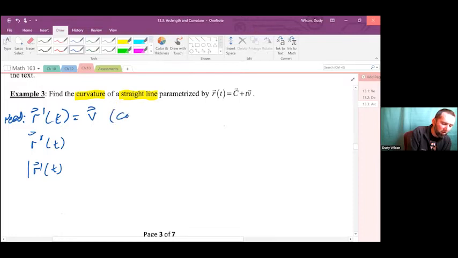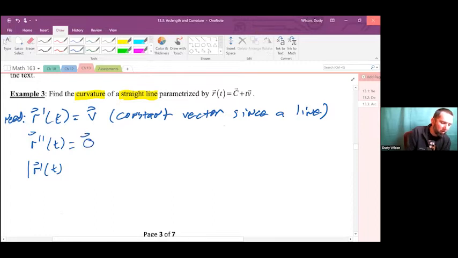Notice that this is a constant vector, because we're on a straight line. That means r double prime of t will be the 0 vector.